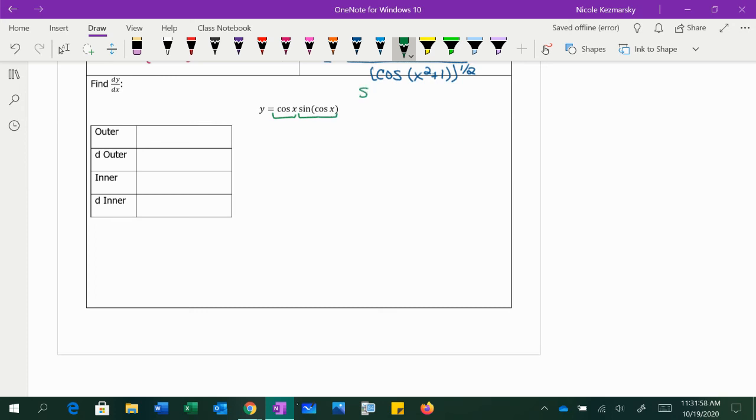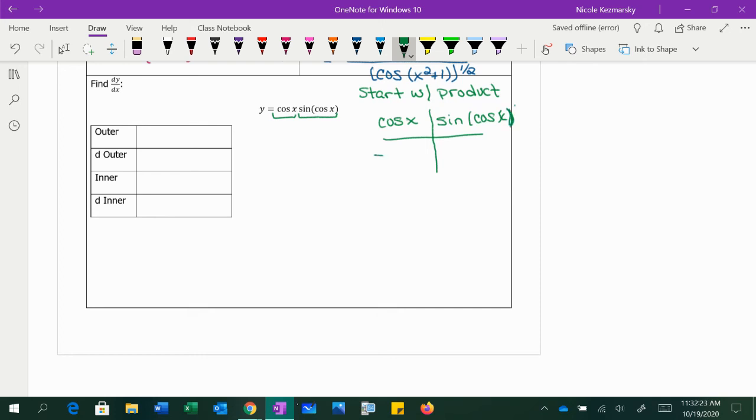So I'm going to start with product. So here's my box. And I'm going to say cosine of x and then sine of cosine of x.